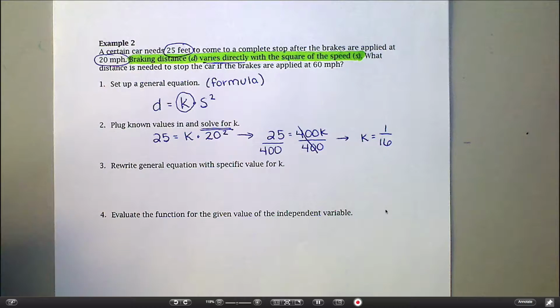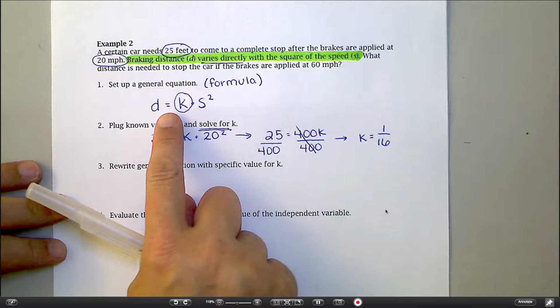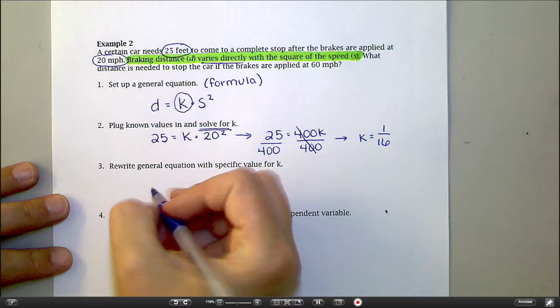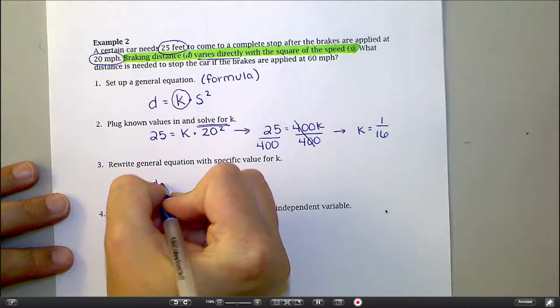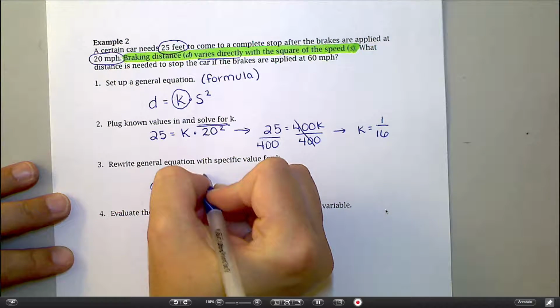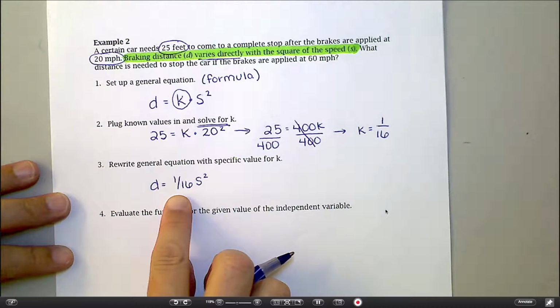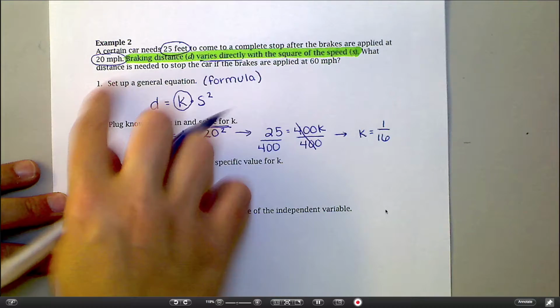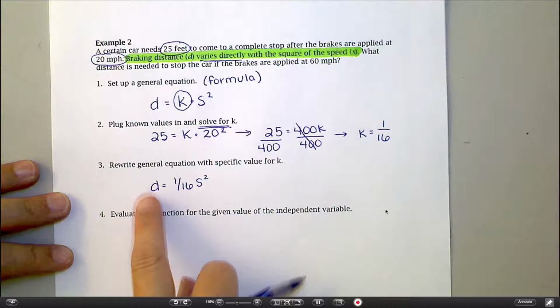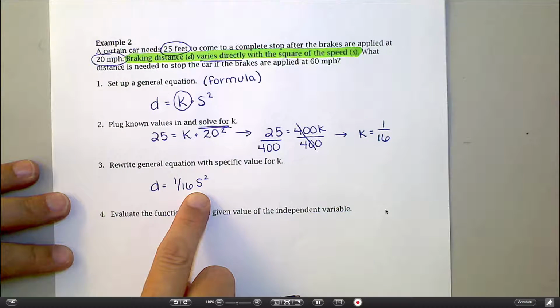Okay, so step 3, I'm going to rewrite that general equation, but now I know what the K value is. So now my equation is really going to work like this, D equals 1/16 times S squared. And now I can use this to find any combination of numbers I want. So this now applies to any distance and any speed I can come up with.